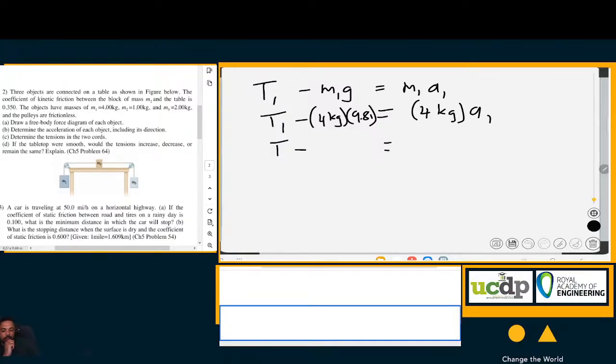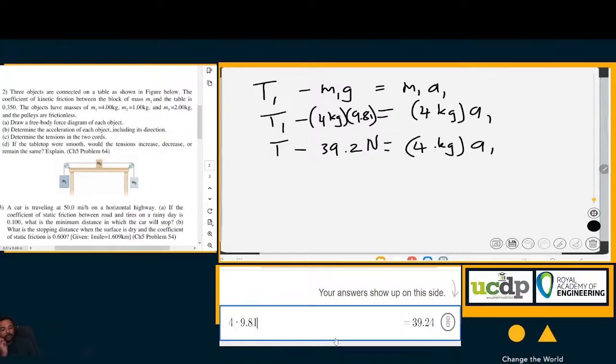Let me just check, I have a calculator on here as well. 4 times 9.81 is 39. Yes, it is indeed 39.2 newtons, equal to 4 kilograms multiplied by a1. That's the tension in 1.